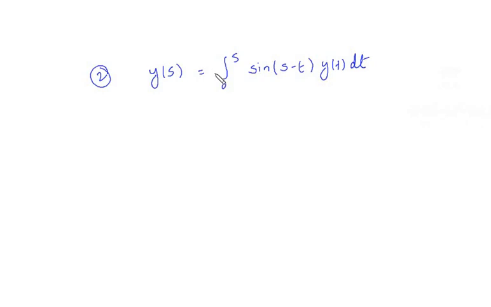Your f(x) is 0, so it is homogeneous. Your lower limit is constant but the upper limit is a function of s, so it is a Volterra integral equation. Your kernel is a function of s minus t, so convolution type. Again, you can use the formula of sine of (a minus b) and expand, and you will see that this is a separable kernel, and so on.